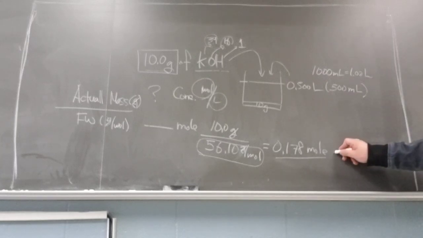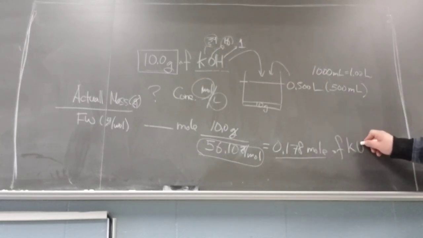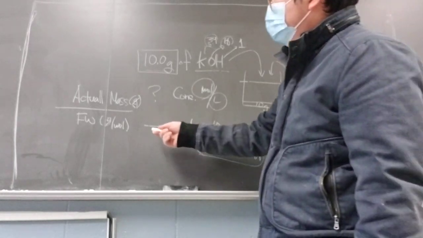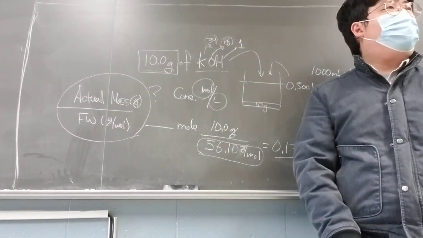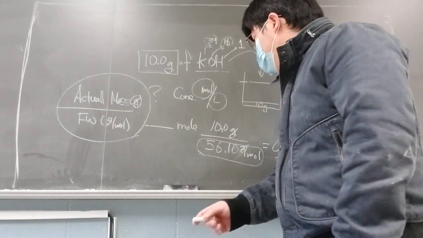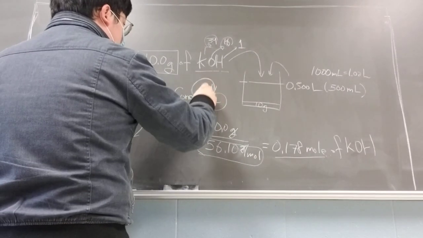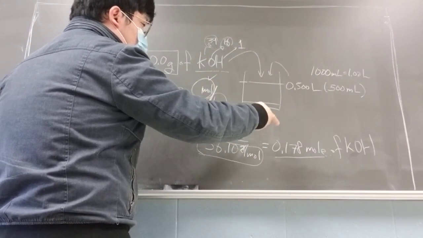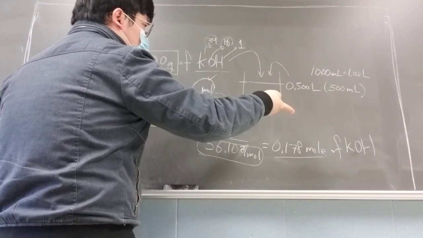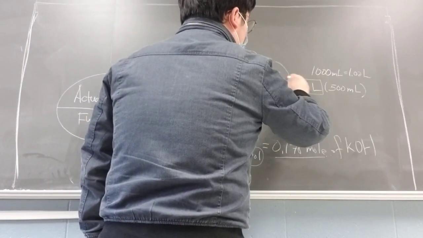Now you know how many moles of potassium hydroxide you have by simply doing a one-step division calculation. Makes sense, right? Okay, perfect. So we have how many moles we have right now. This is done. The problem is it has to be in each liter, so this is per 1 liter. But your solution volume is about what?